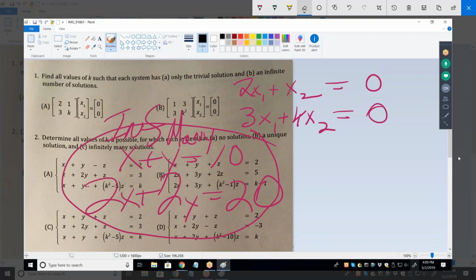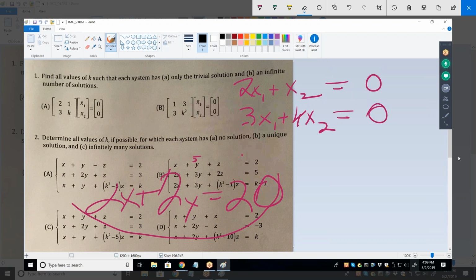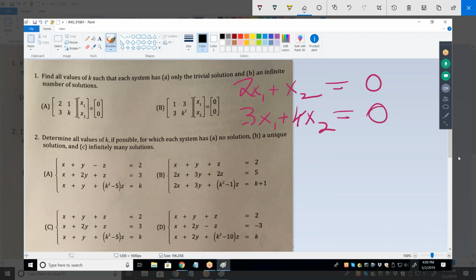So, the way my logic on this thing went was, let's find the infinitely many first. I know if equation 2 is merely a multiple of equation 1, I'm going to have infinitely many. Well, what if k is equal to 3/2?